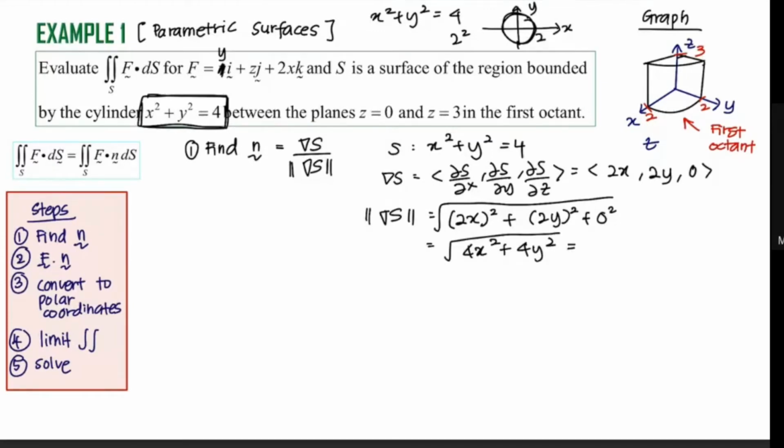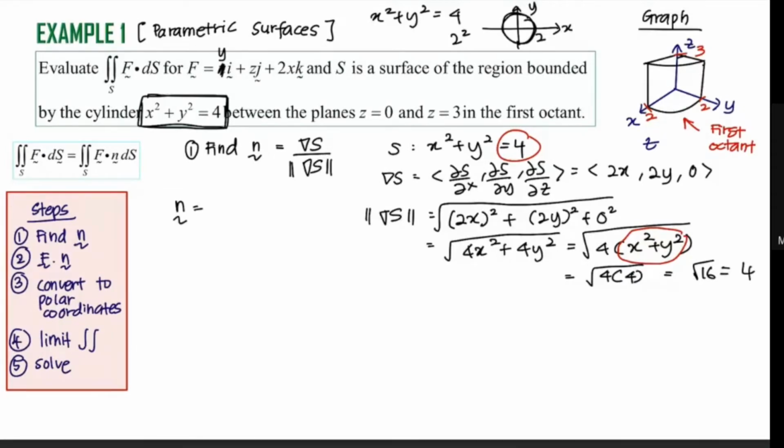Then factorize 4, we get x squared plus y squared. We know that x squared plus y squared equal to 4. Then substitute the values, so 4 multiplied with 4, square root, equal to square root of 16, which is 4. So n equals 2x, 2y, and 0 divided by 4.